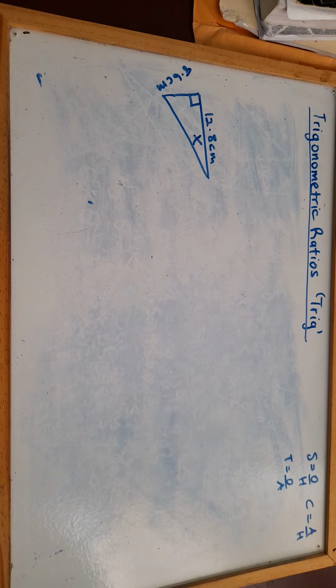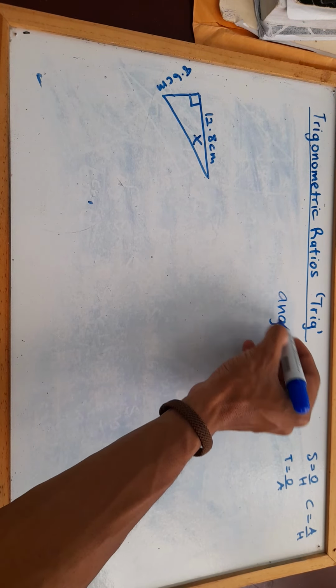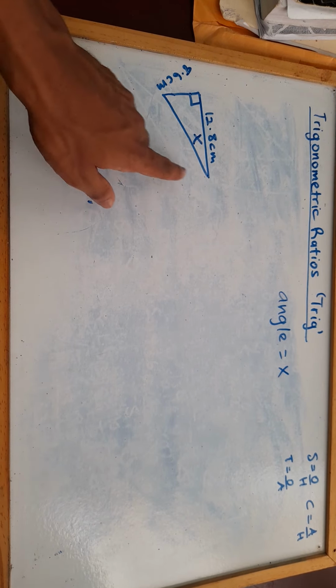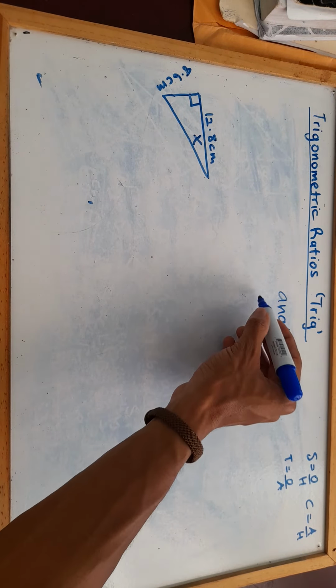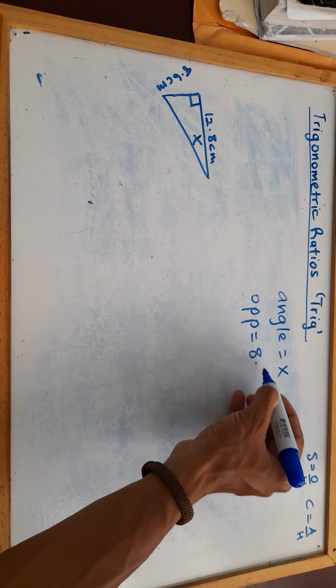Now we shall move on to our final example, this one here. So now our angle given is equal to x. The side opposite x is 8.6 cm.